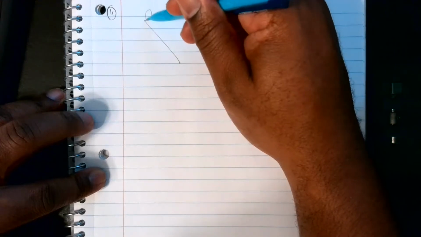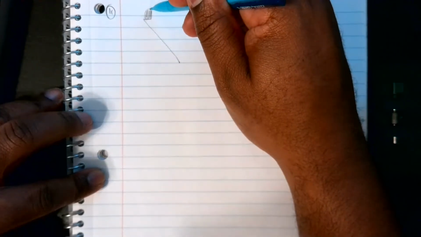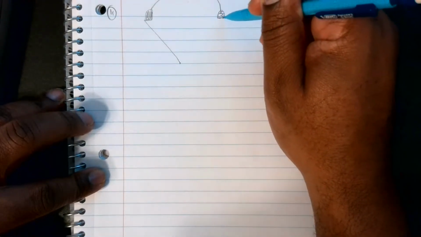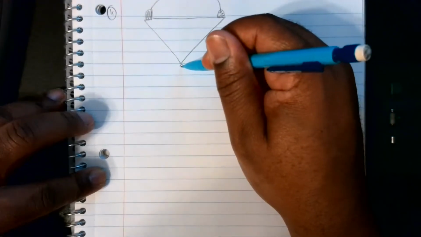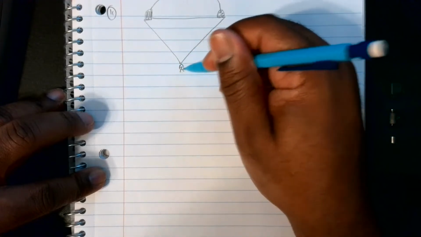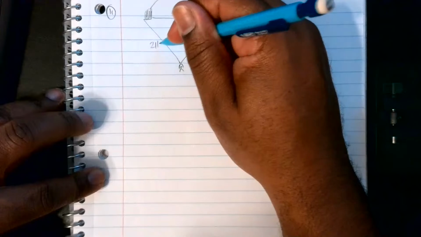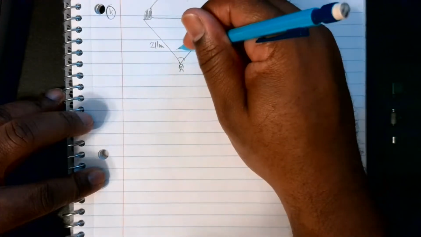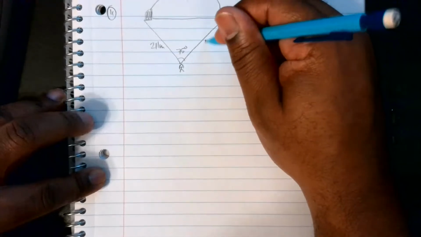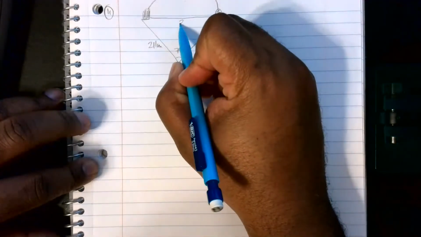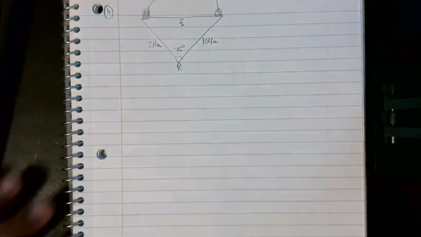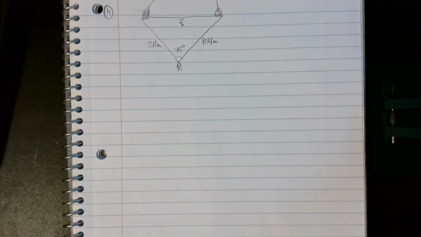Trying to catch my drawing skills. You got a person here who wants to know this is 211 meters. This is 75 degrees. And this is 104 meters. And they are trying to find the length of the third side. All right. It said carry intermediate computations to at least 4 decimal places and render answers.